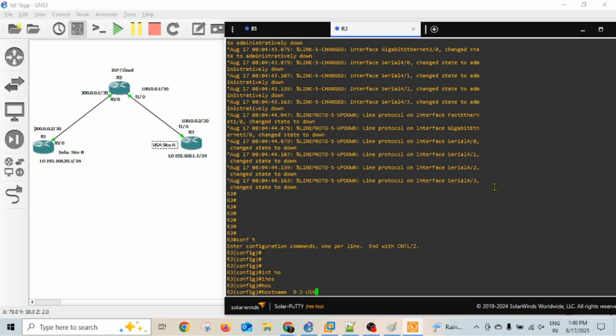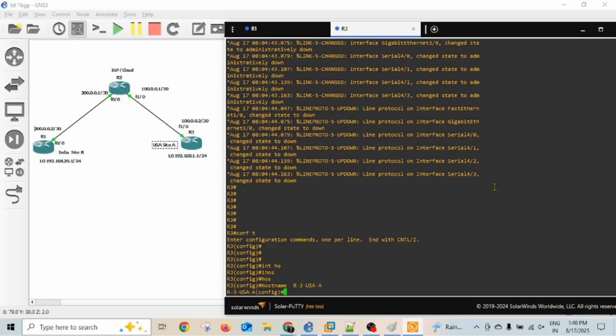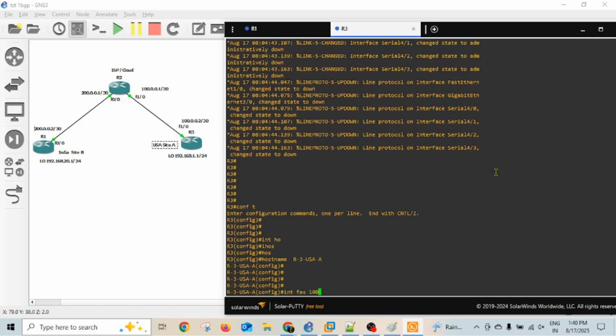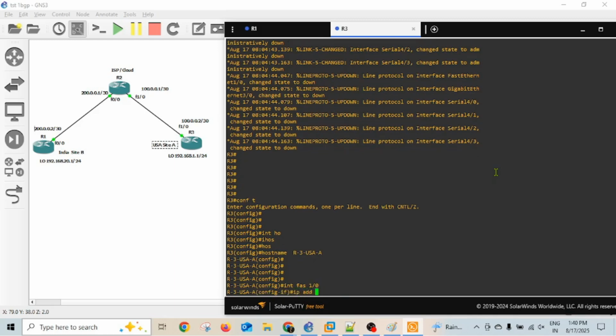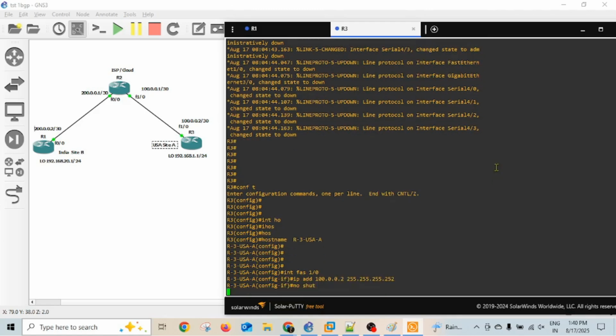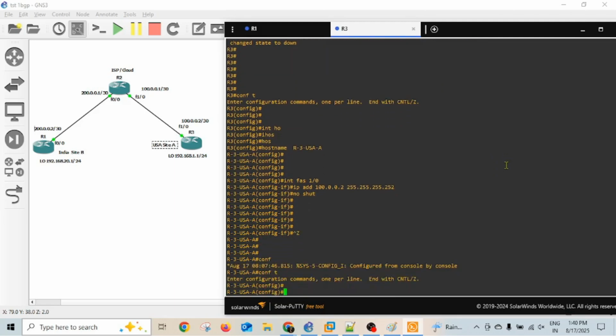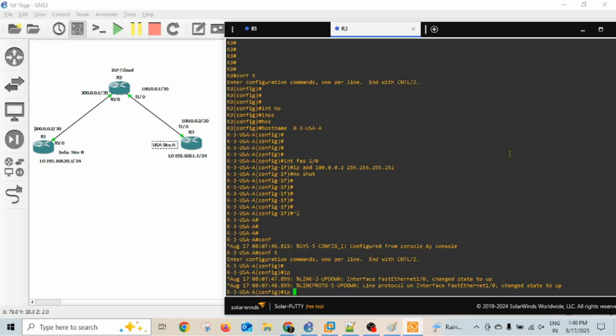R3 belongs to the US, side A. Interface FastEthernet 1/0, IP address 100.0.0.2, no shutdown. I can only configure the default route toward the ISP. The default route provides the point to point connectivity.